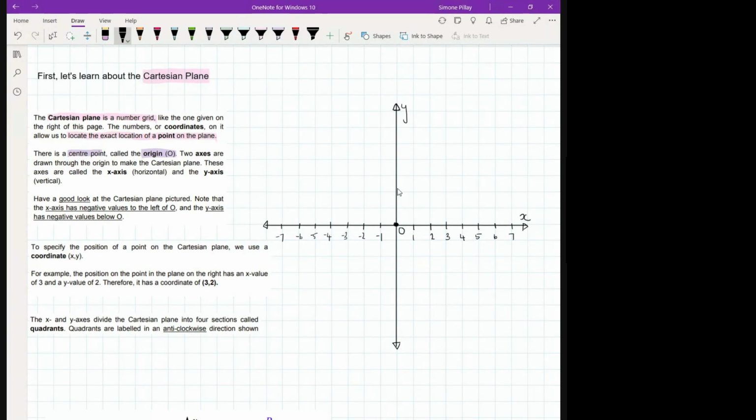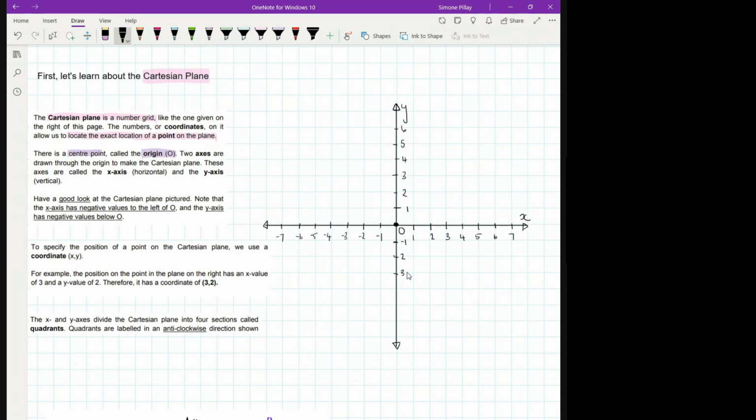Now, if we look at this y-axis, think of a thermometer, you guys. If this is 0, this is going to be 1. This is going to be 2, 3, 4, 5, and 6. And now, when we are measuring negative temperatures in a thermometer, we're going to have -1, -2, -3.